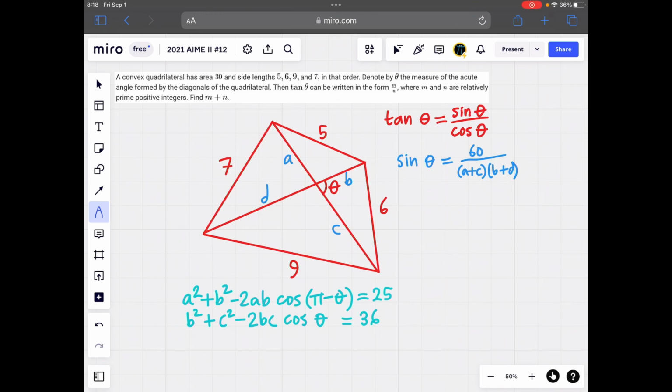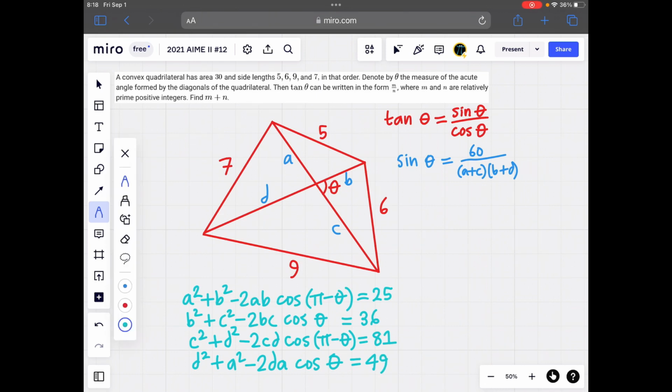Now similarly for the third one, we can do C squared plus D squared minus 2CD cosine pi minus theta is equal to 9 squared, which is 81. And for the fourth one, we have D squared plus A squared minus 2DA cosine just theta this time equals 49. Now, cosine of pi minus theta is negative cosine theta, so we can do this, but we just have to turn this negative into a plus sign.